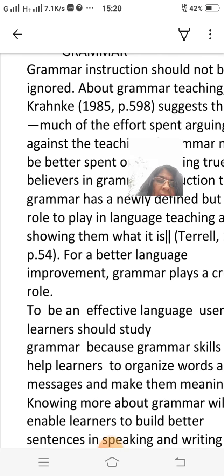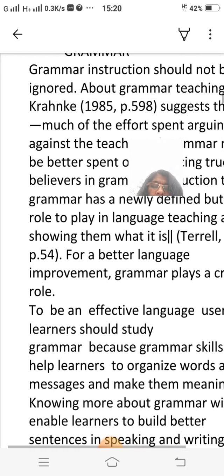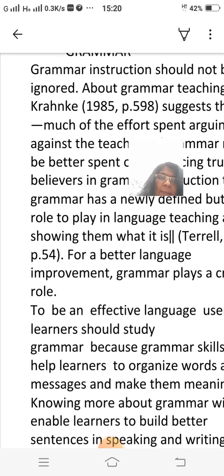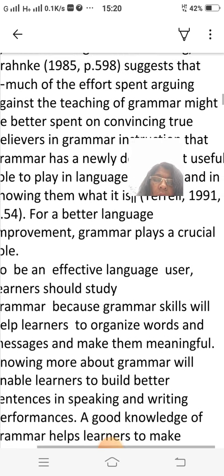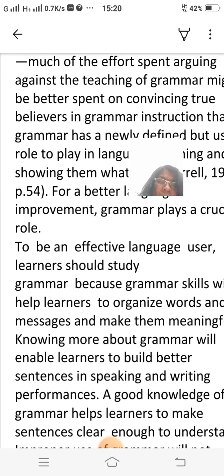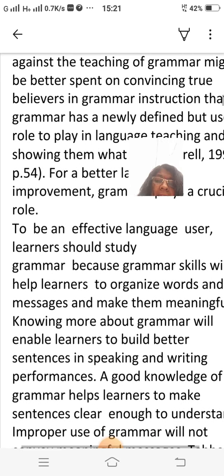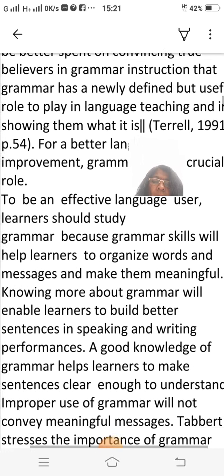To be an effective language user, learners should study grammar, because grammar skills will also help learners to organize words and messages and make them meaningful.